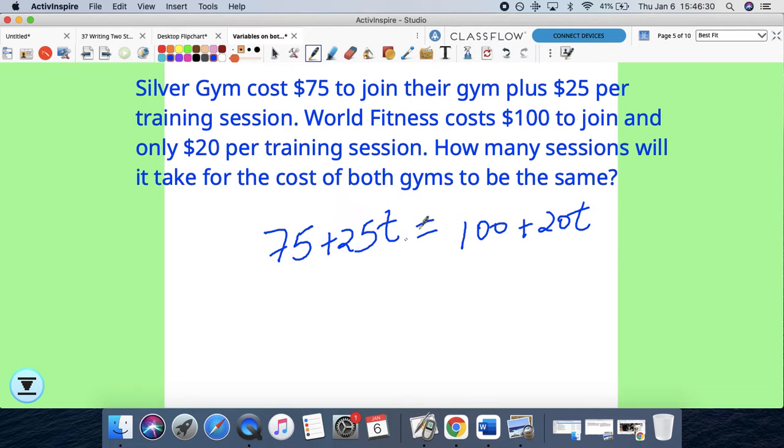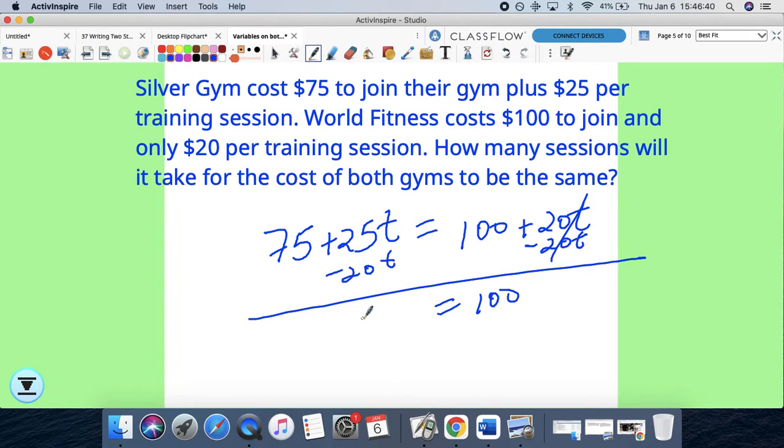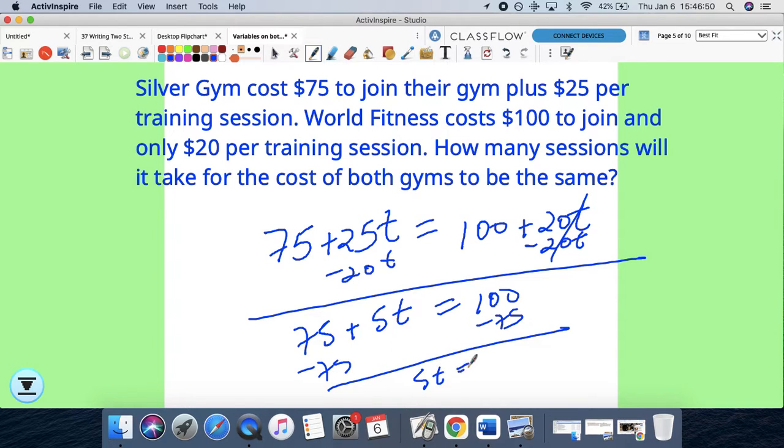We can subtract 20t from both sides, right? And that's going to go away. This is going to come out to 100. 5t is going to come down. And then 75 is here, plus 5t. Minus 75 on both sides. 5t equals 25. Divide both sides by 5.